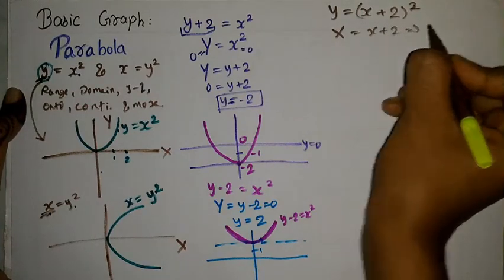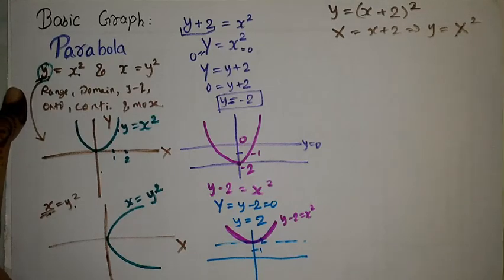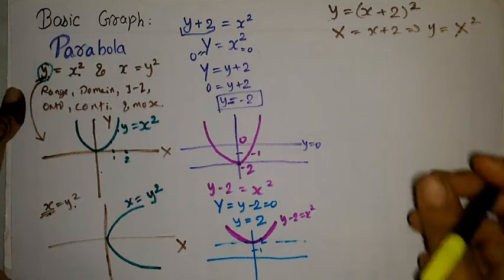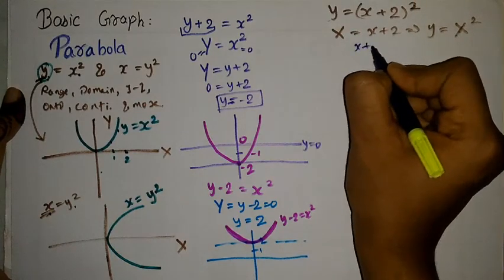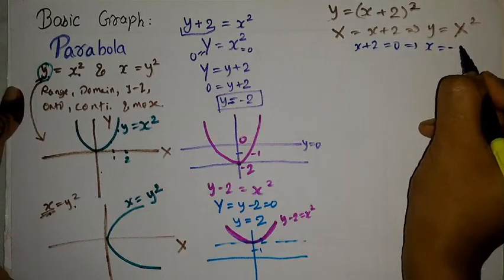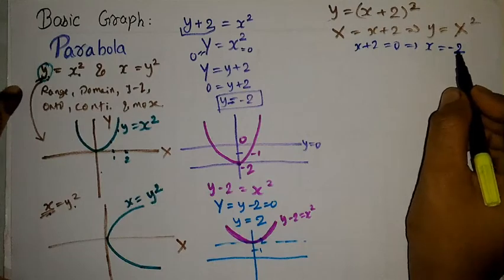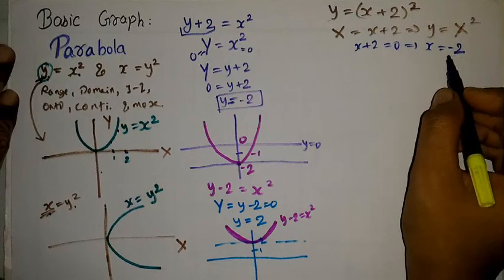That implies y is equal to capital X square. Now, to know the intersecting point, let's put both equal to 0. So we will know from where it will start. When we put x + 2 equal to 0, we get x is equal to -2. So we will come to know that this graph will start from x is equal to -2.